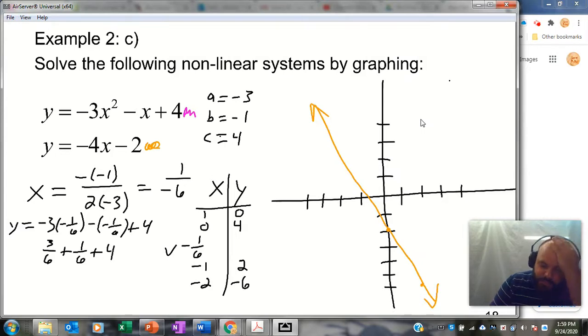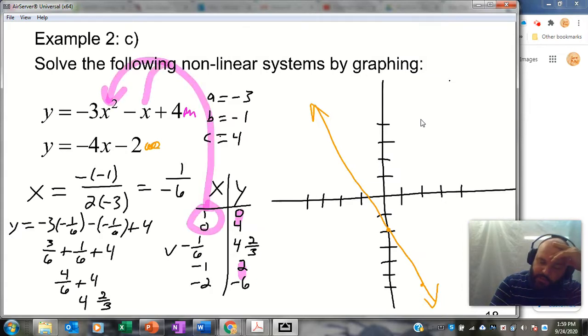Okay, so 3/6 plus 1/6 is going to be 4/6 plus 4. 4/6 is 2/3. So this becomes 4 and 2/3. Now again, I got these other y values by taking these x values and plugging each x value in right there. That's how you have to get your y's, by taking the x values and plugging them in.